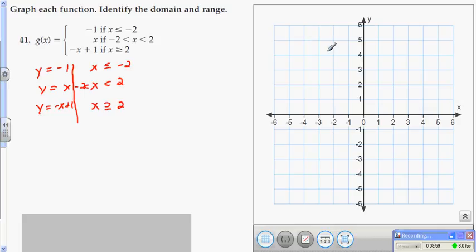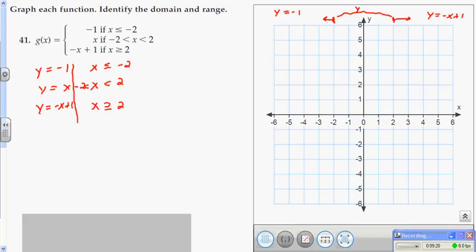So if we separate that, we have a division at -2, we have a division at greater than 2, and then we have something in here as well. So we have here y equals -1, over here y equals -x plus 1, and in the middle we have y equals x.